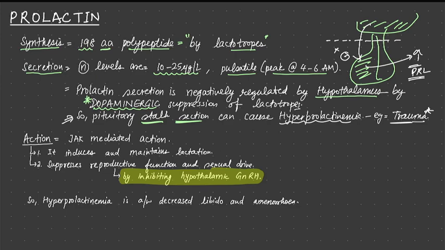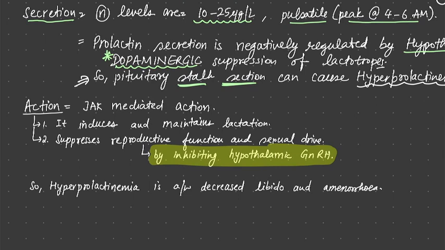How is prolactin going to act? See, the action is JAK mediated. The receptors are present on the cell membrane, and its signal reaches the nucleus via JAK, right?